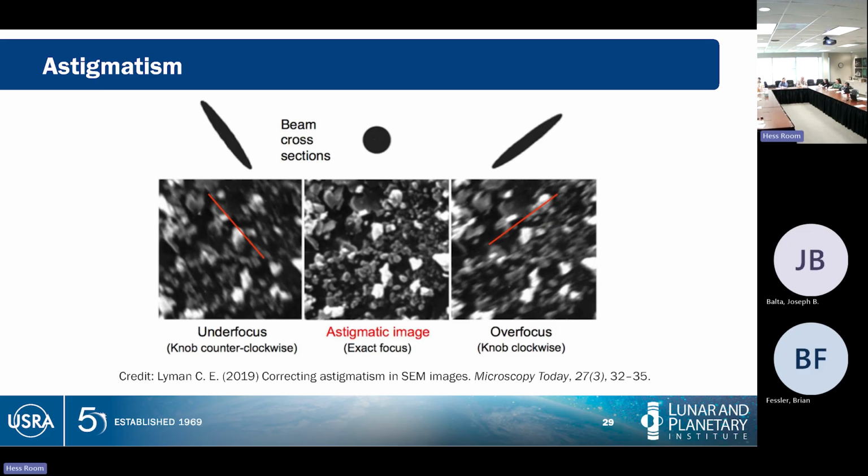If your beam is well controlled, then as you go in and out of focus, things will just stretch out and come back to focus. But if they stretch out in a single direction, that is the sign of an astigmatic image. That means you need to apply an additional magnetic field to correct for this.